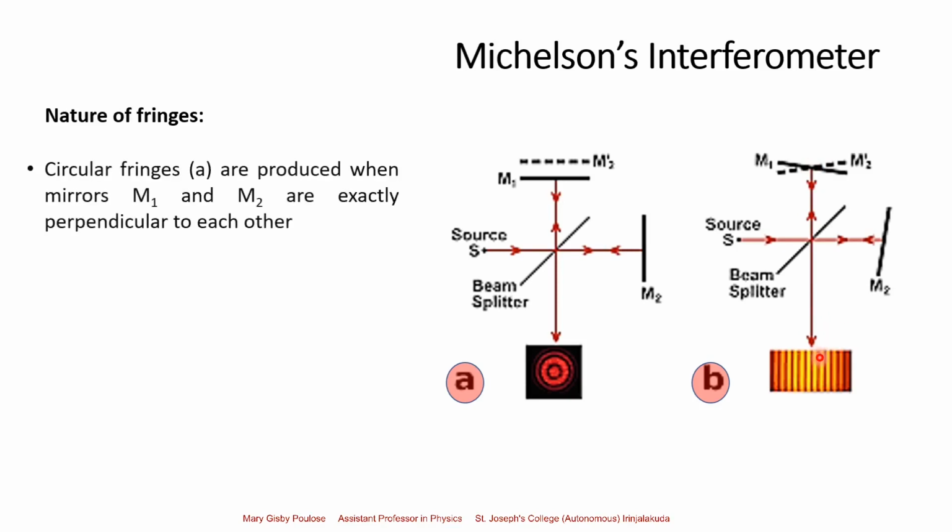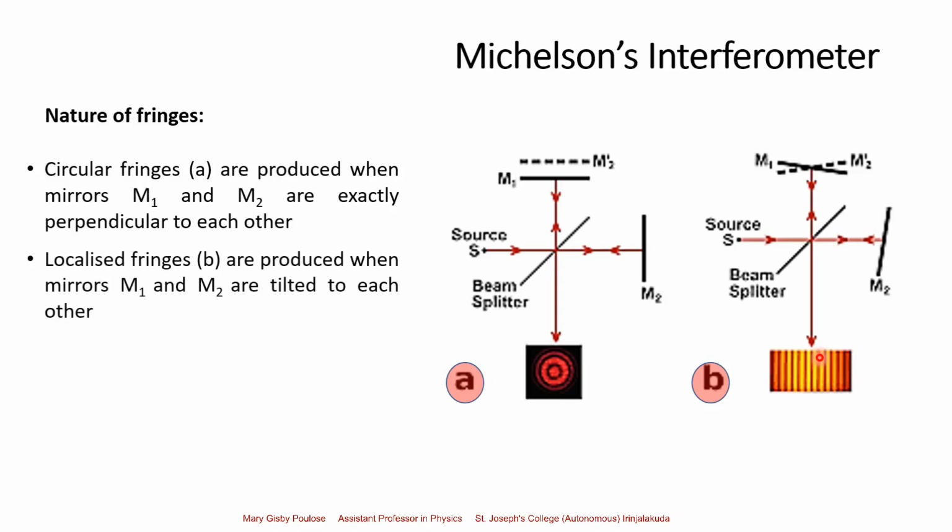The circular fringes are produced when the mirrors M1 and M2 are exactly perpendicular to each other. Localized fringes, as shown in B, are produced when the mirrors M1 and M2 are tilted to each other.